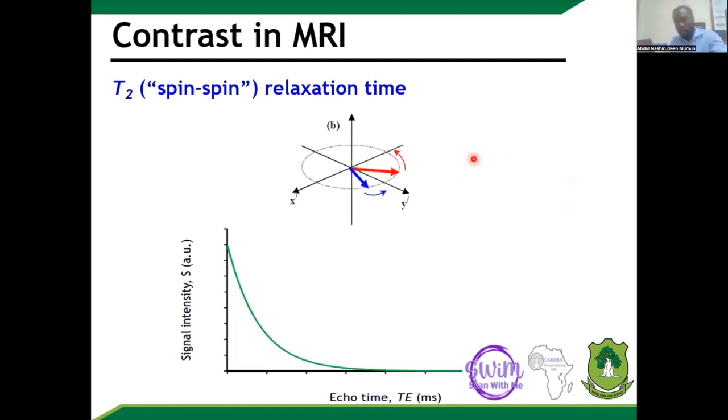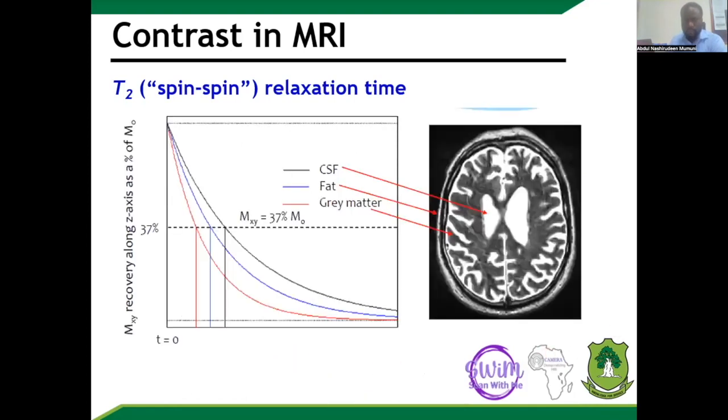So the more splitting you get, the more the signal will deteriorate. That's the T2 relaxation effect. When we are using T2 in brain imaging, for example, fluids like CSF have long T2. That is, they take a longer time for the individual spins to come to rest.